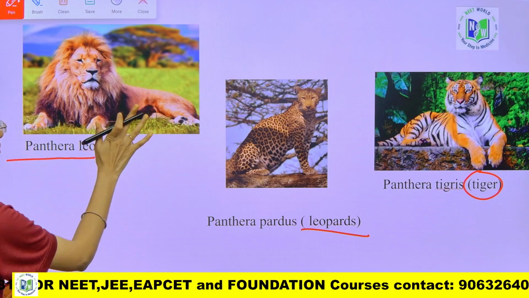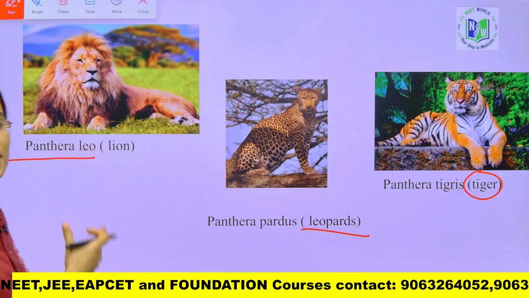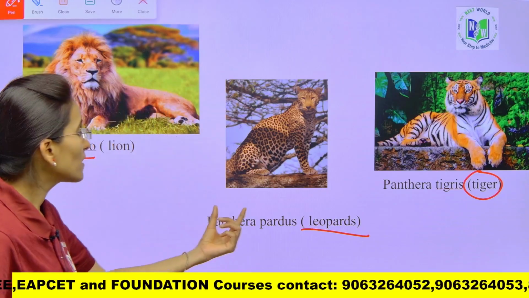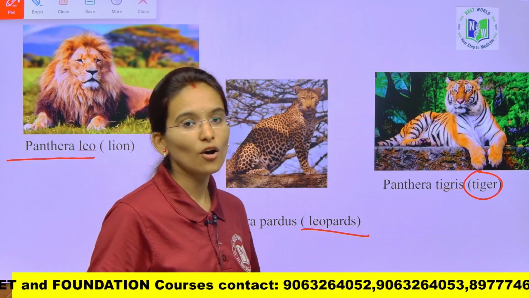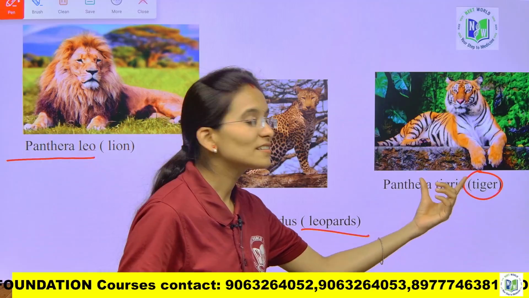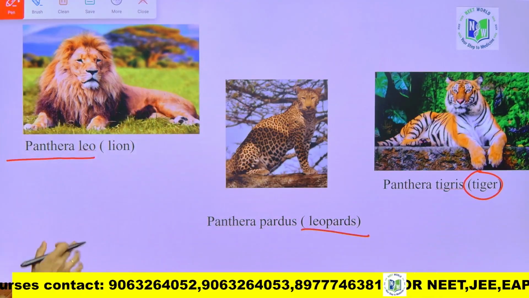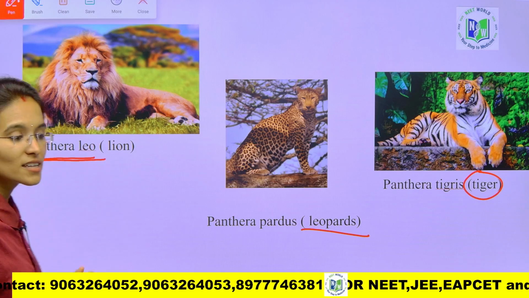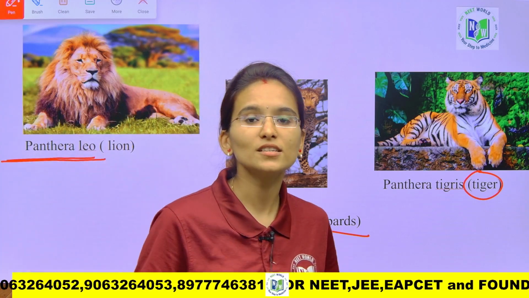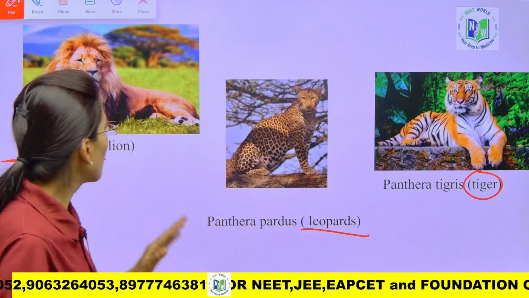Panthera leo is the scientific name of the lion, Panthera pardus is the scientific name of the leopard, and Panthera tigris is the scientific name of the tiger. So what is binomial nomenclature? Providing the scientific name with two words, that is called binomial nomenclature.